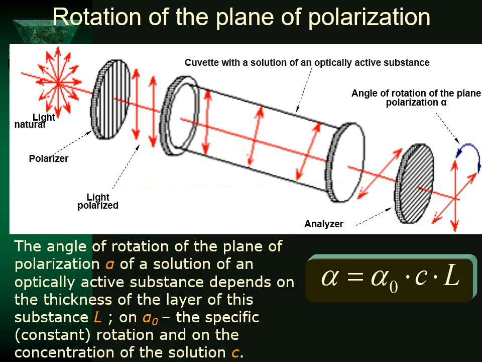But then this selected plane, once in the optically active substance, begins to change its position. The further the light passes and the longer the light interacts with the optically active substance, the more this light vector deviates.